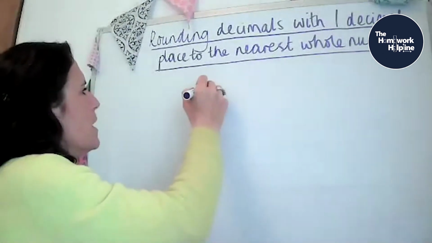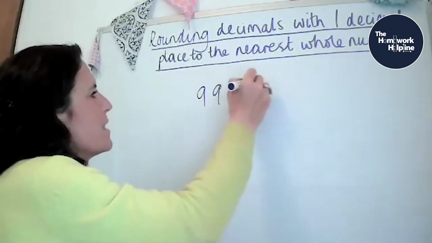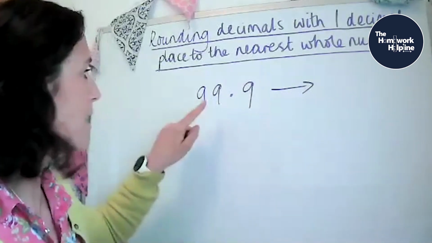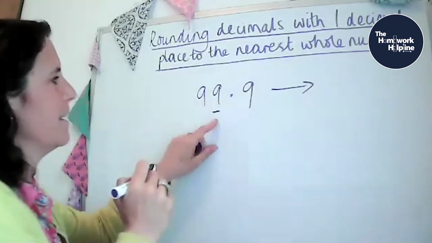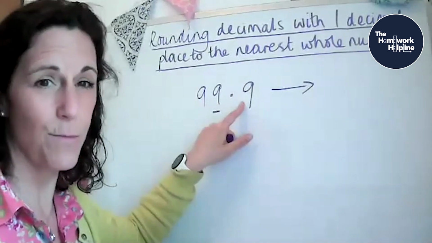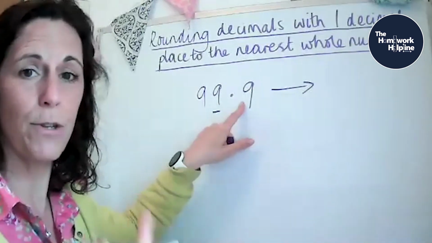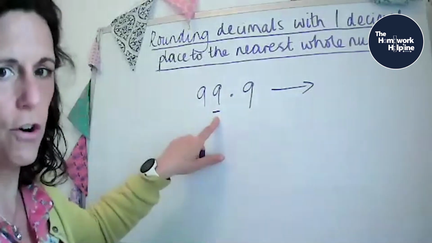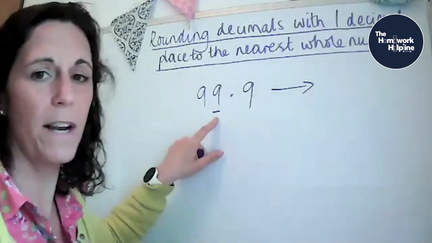What about 99.9? 99.9, that is the whole number, is this 9 here. The 9 after it in the decimal tenths column tells us to put it up, but we can't go any higher than that. The next unit on from 99 is 100.